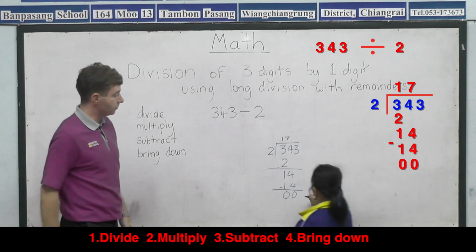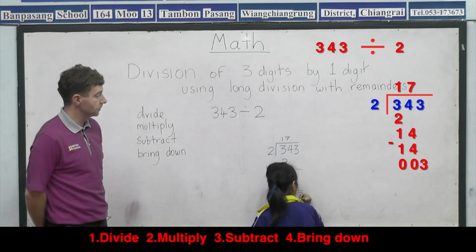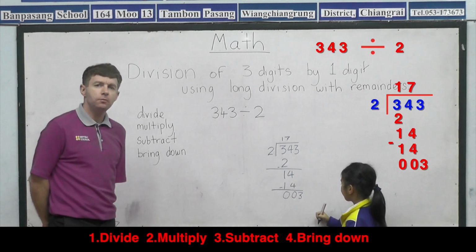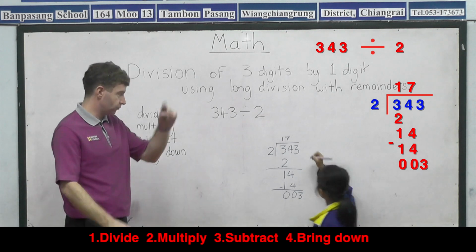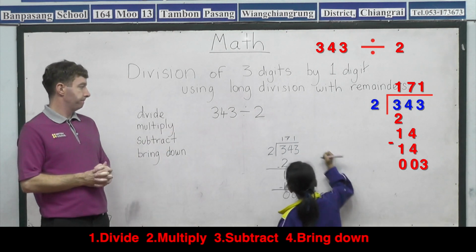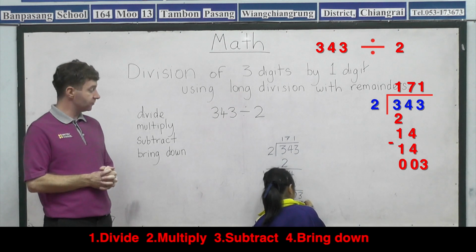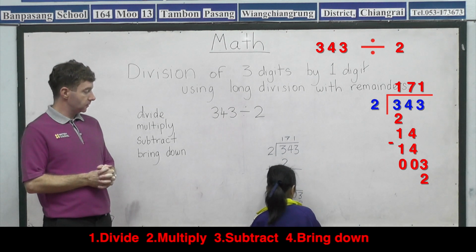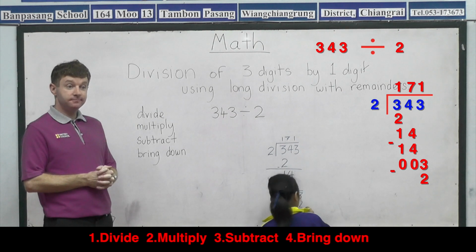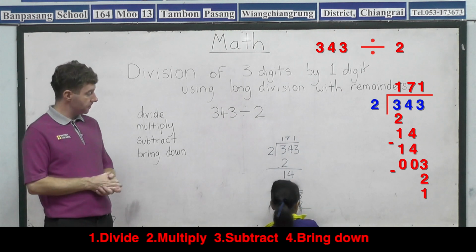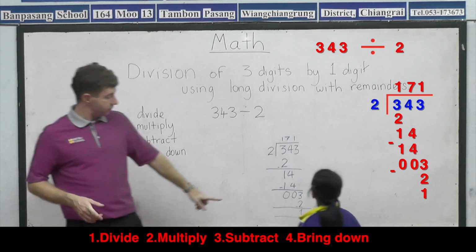Bring down. We bring down number 3. 3 divided by 2 equals 1. 1 times 2 equals 2. 3 minus 2 equals 1. So now we're left with 1.